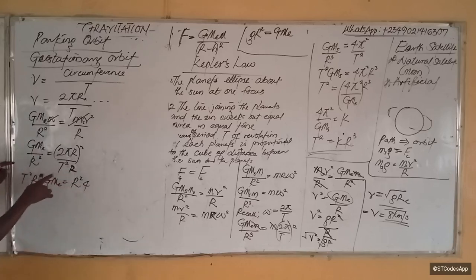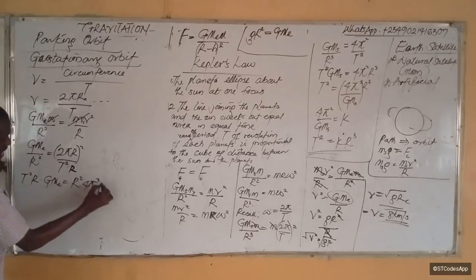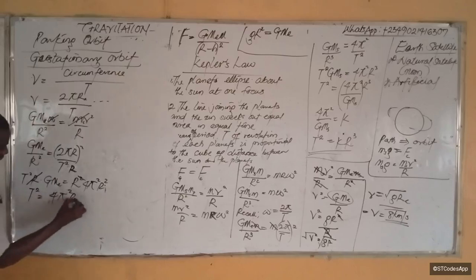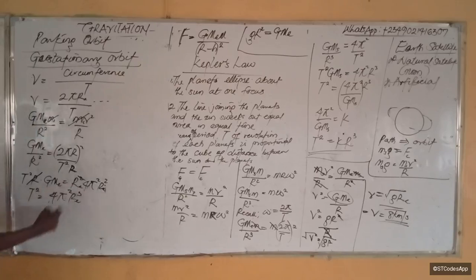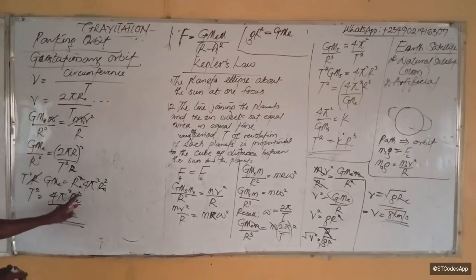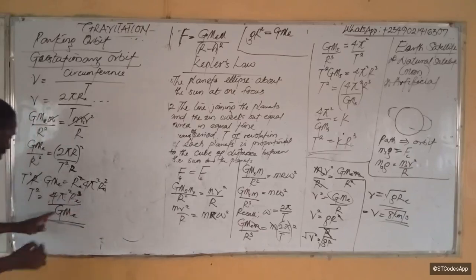So 2 squared is 4, pi squared, r squared, then r squared again. So that will be r to the power 4, right? So r can take care of one r, so it becomes r cubed. So T squared will be equal to 4 pi squared R_E cubed, where R_E is the radius of the Earth, over G m_E.